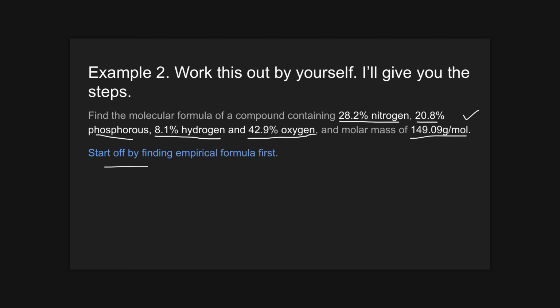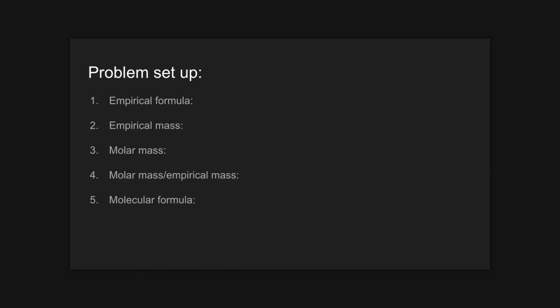What you're going to do is find the empirical formula first. For this, you are going to use percent composition. These are your steps. Basically, you will find the empirical formula. From that, you'll go to step 2, find your empirical mass. Molar mass is given, remember.